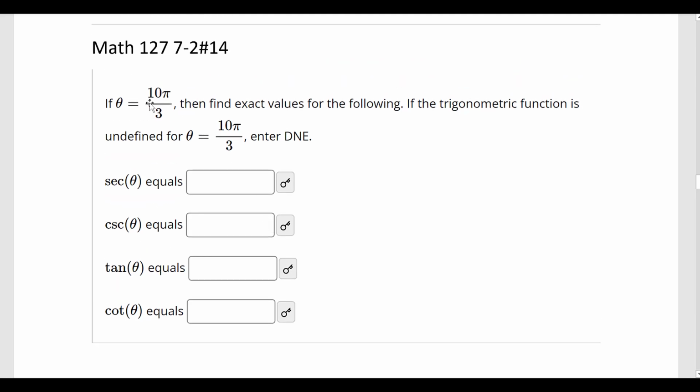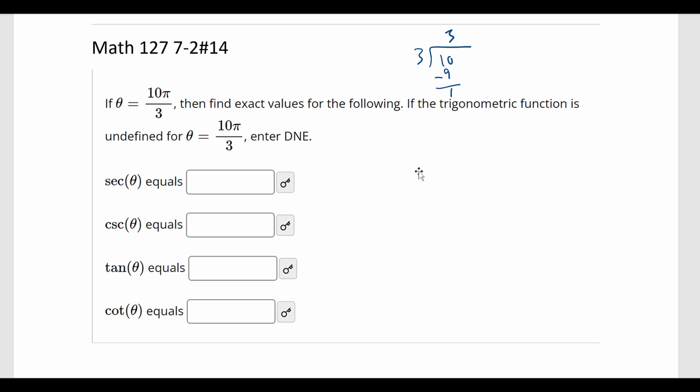We have theta is 10 pi over 3. Let's find the exact values for secant, cosecant, tangent, and cotangent. So they didn't give us sine or cosine this time, but if we find sine and cosine, we could find the rest. So first, 3 goes into 10 3 times, with the remainder of 1.